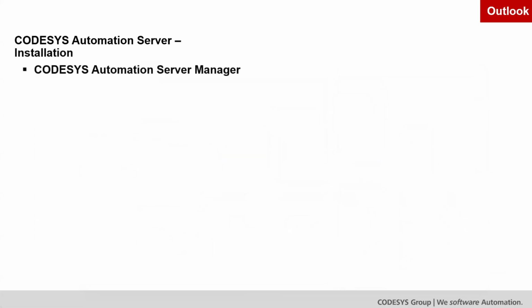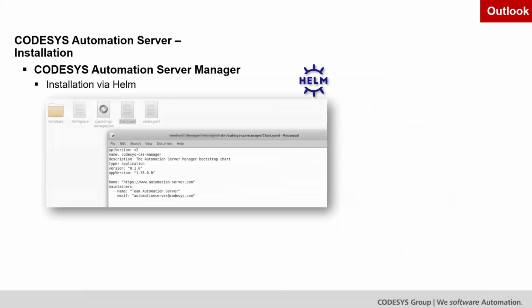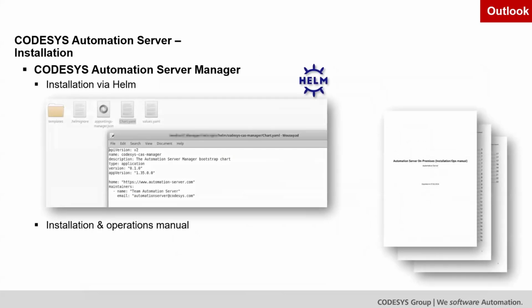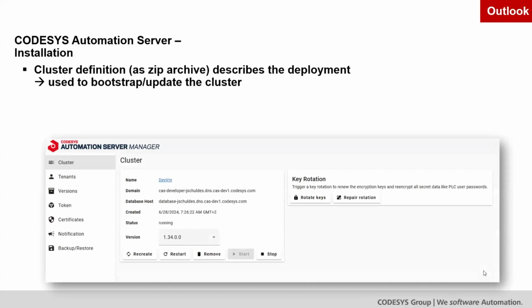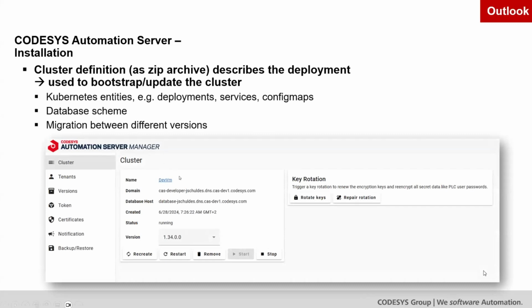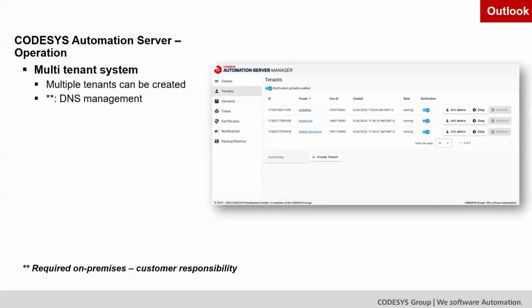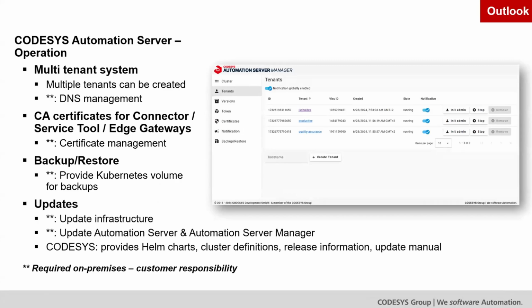There's a special setup guide. Everything is installed via a tool called Helm, by means of an installation operations manual, with this manager, as I already mentioned, showing you all the necessary steps to be configured and parameterized.